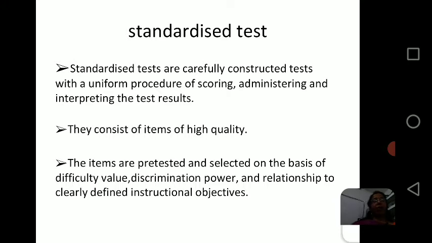The quality of the items is determined by estimating the difficulty value of the item, discriminating power of the item and the relationship to clearly defined instructional objectives. These are the peculiarities of a standardized test. In brief, a standardized test is a test having uniform procedures of preparation, scoring, administration and interpretation.